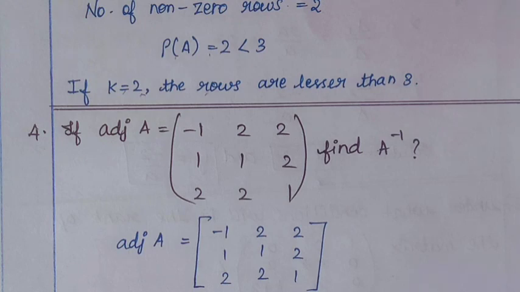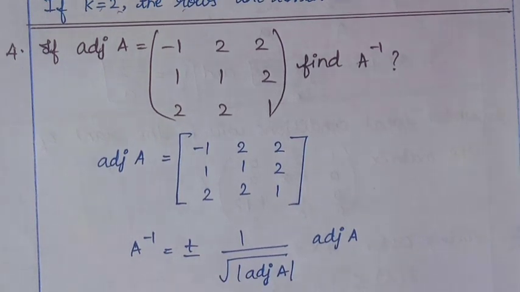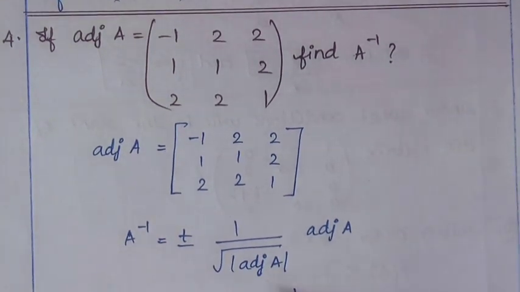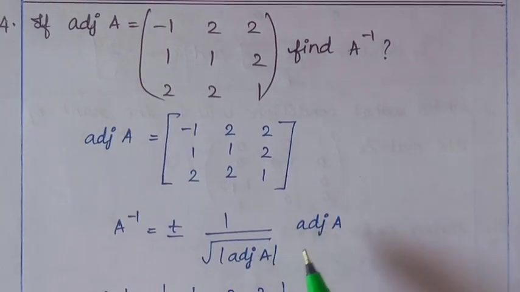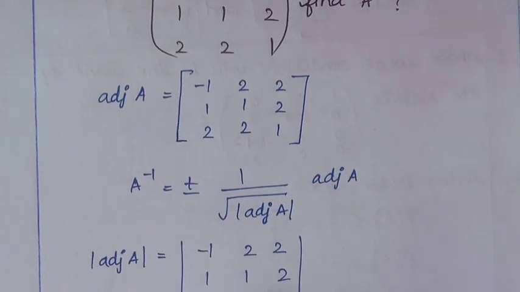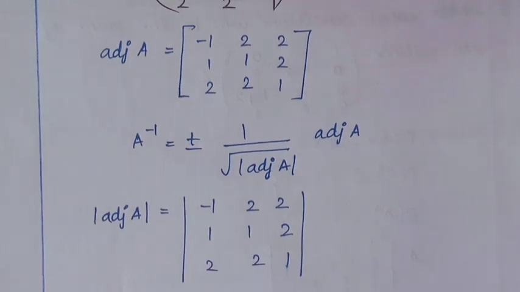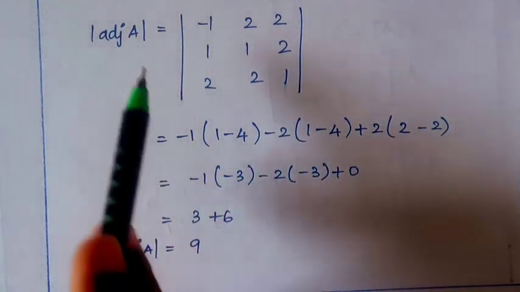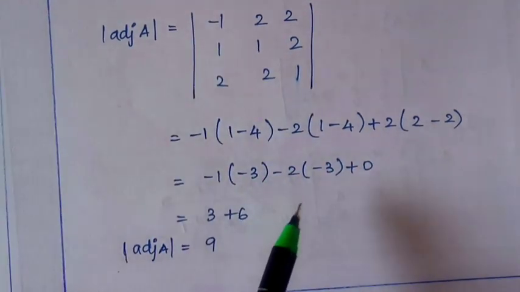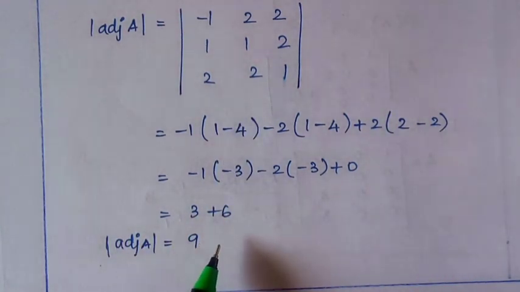So the adjoint that they have given is minus 1, 2, 2, 1, 1, 2, 2, 2, 1, and then the formula is A inverse is equal to plus or minus 1 by root of modulus adjoint A into adjoint A. For the modulus of adjoint A, we get 9, after simplifying it. So we get 3 plus 6, modulus of adjoint A is equal to 9.